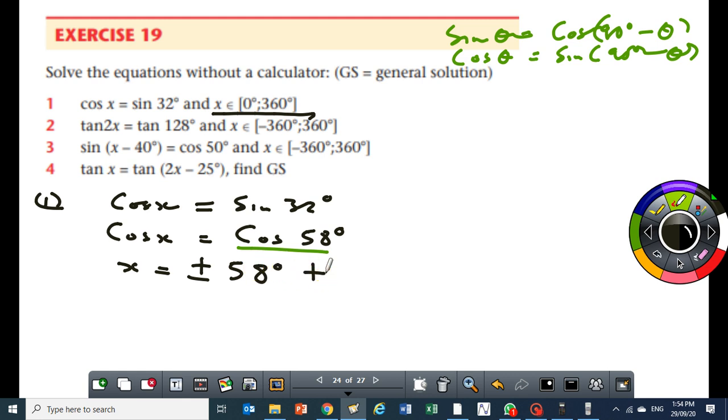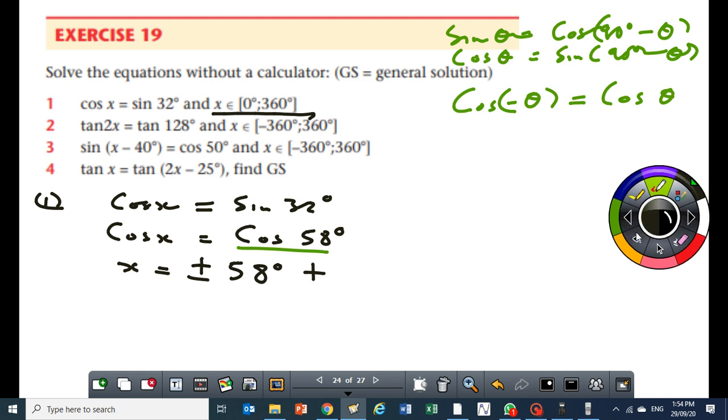The reason why I'm putting plus or minus here is because cos is positive in the first quadrant and the fourth quadrant. And also remember that cos of minus theta is equal to the cosine of theta. So cos 58 and cos minus 58 give you the same ratio. That's why we have this plus or minus. Our reference angle is now 58. Then we put our k times 360 degrees, where k is an element of Z.